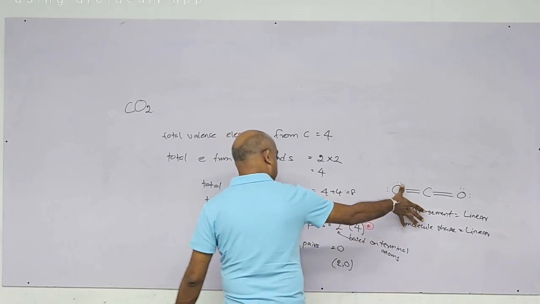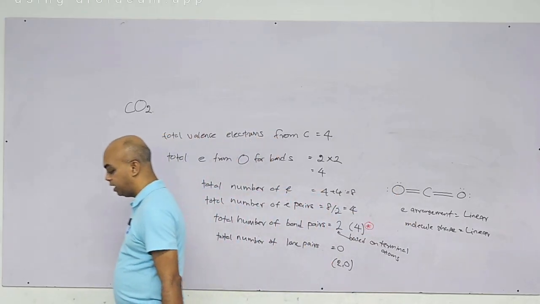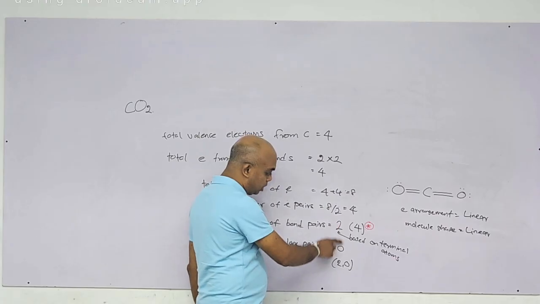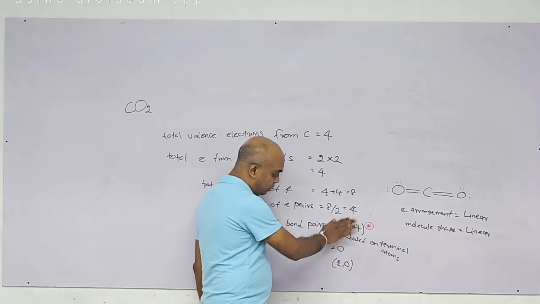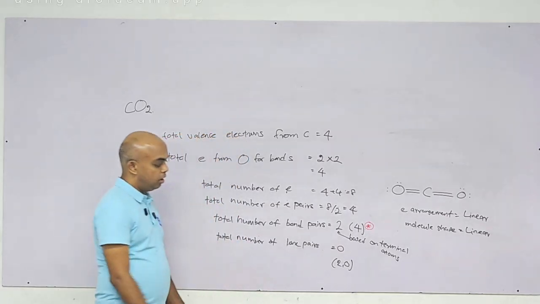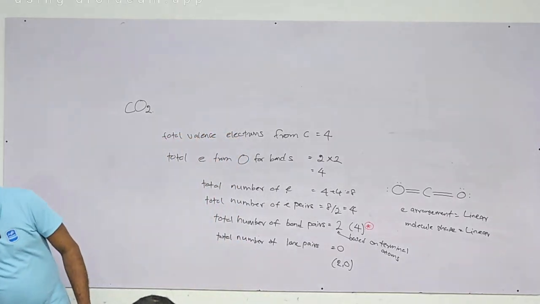Okay, draw this one then. Electron arrangement is also linear. Electron arrangement is also decided based on this one, no? This is what we are taking to decide the arrangement and molecule shape.